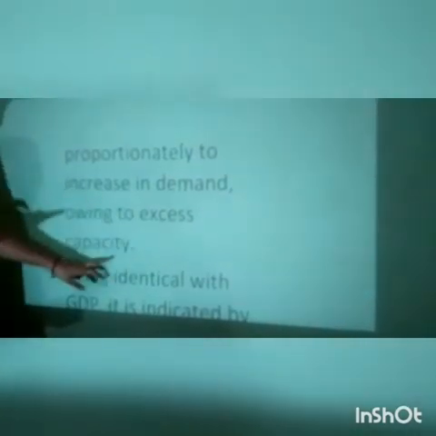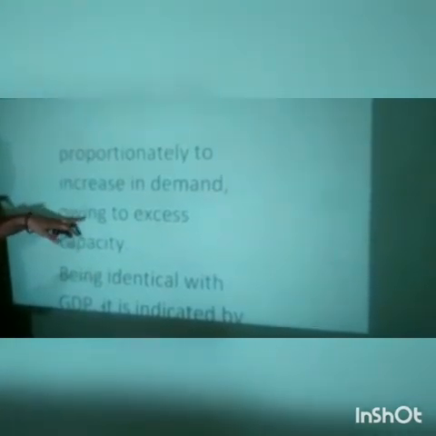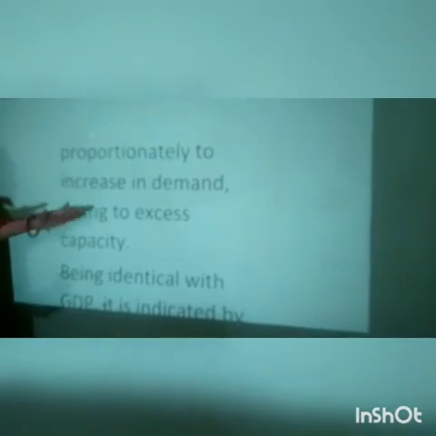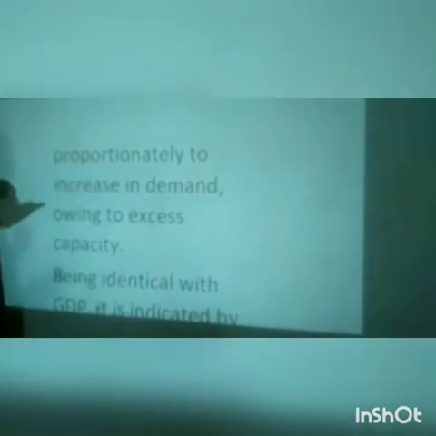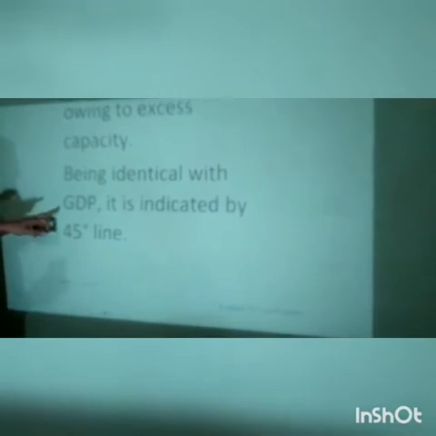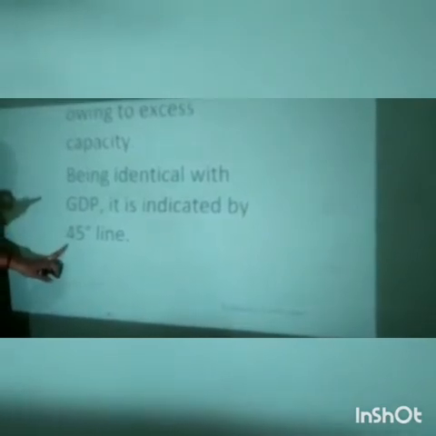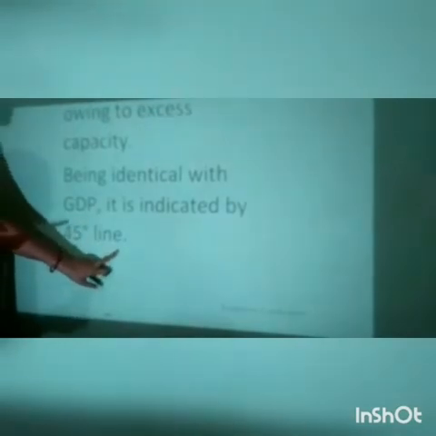Due to excess capacity in the economy, whatever the increase in demand will be, the supply will proportionately increase and cope up that gap with the demand. Clear? And due to this identical concept of AS and GDP, the AS line or aggregate supply curve is presented by a 45-degree line on the graph. So this is the concept of aggregate supply.